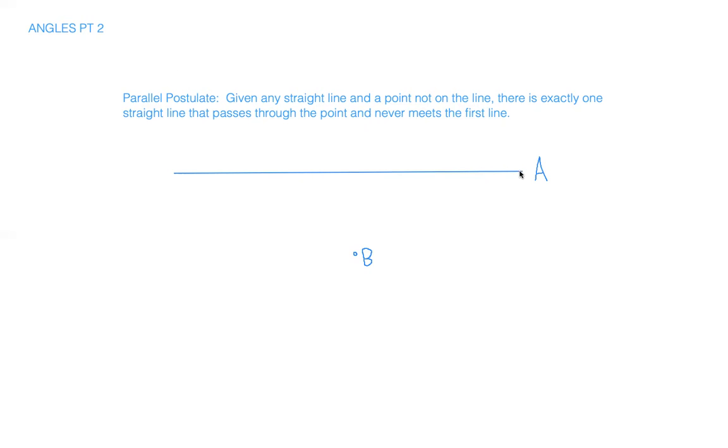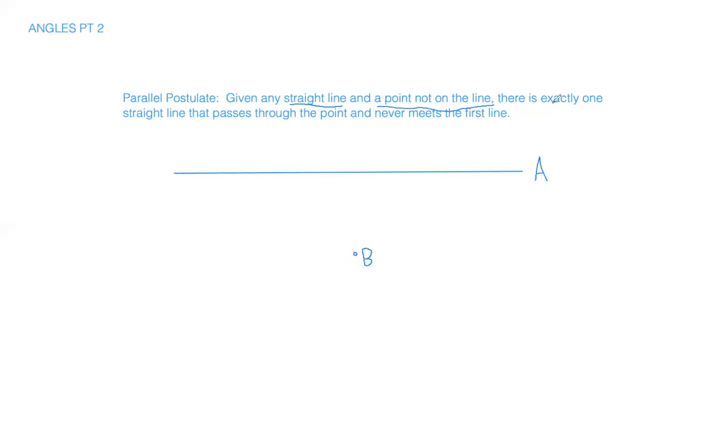Well, here you see that I've already drawn a line, A, and a point, B. Now we see very clearly that point B is not on line A. Line A is a straight line, as it says over here, and B is the point that is not on the line.